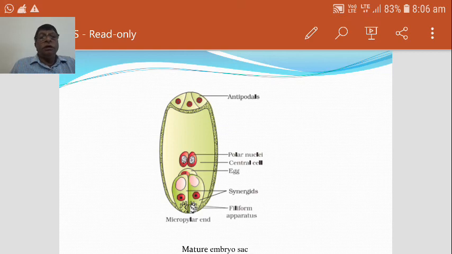This is the diagram of the mature embryo sac from the previous class.